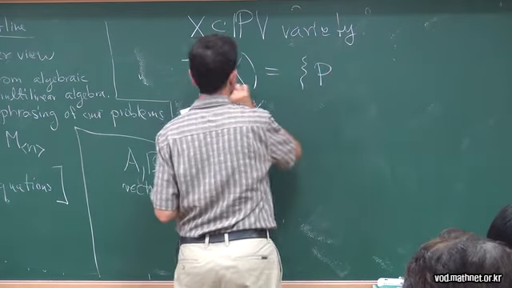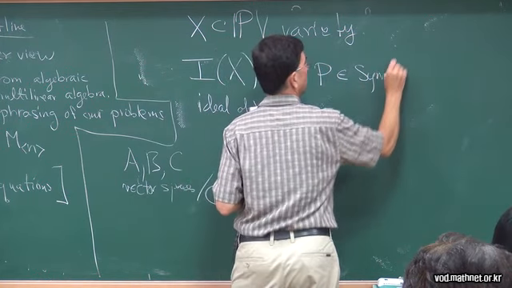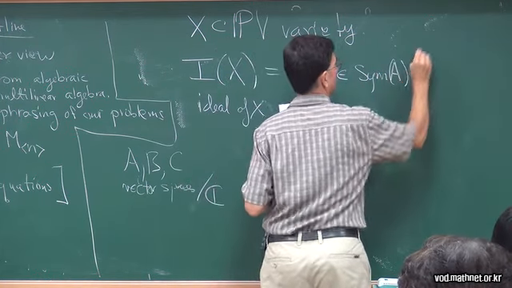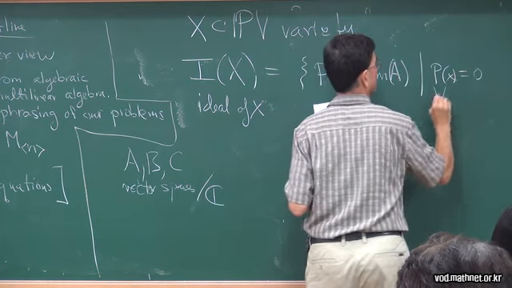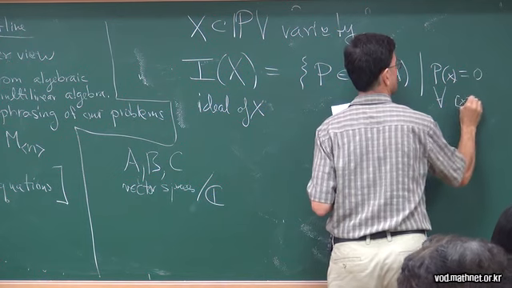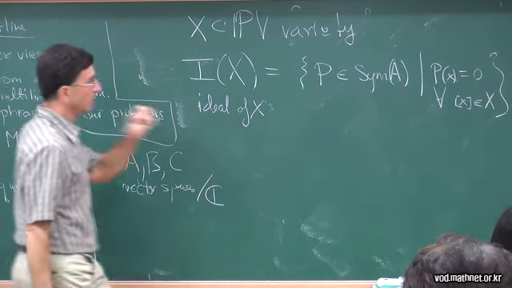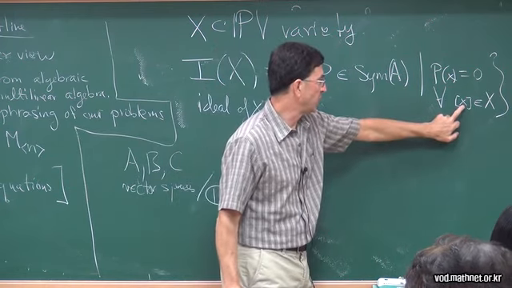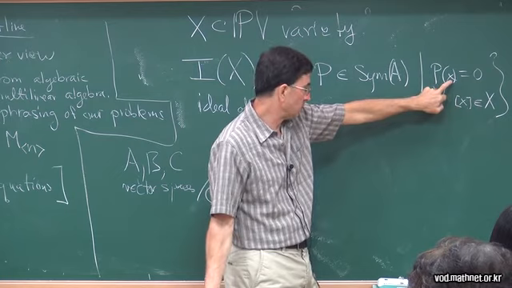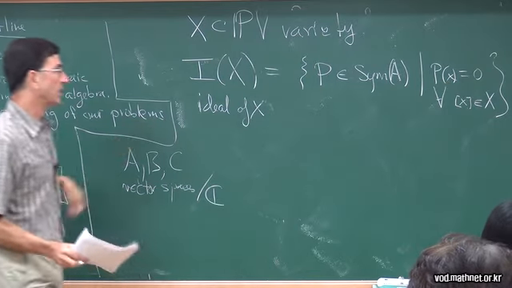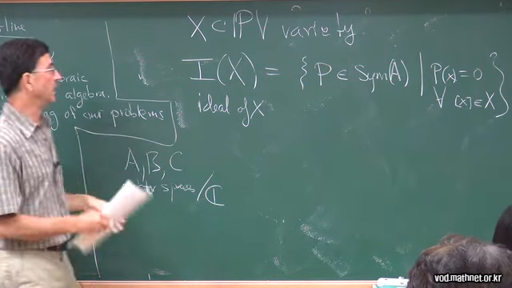So this will be the ideal of X, just reviewing this morning's notation a little. If I have a point in projective space with brackets, then this is some point in its inverse image in the vector space. I evaluate the polynomial, I get 0. This is the ideal of X.